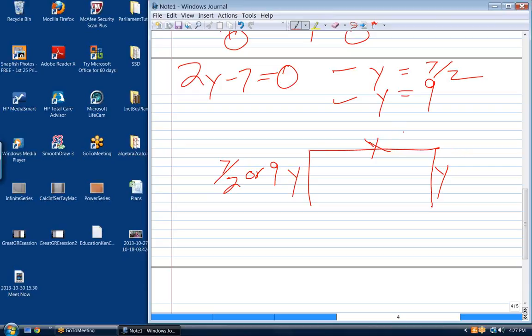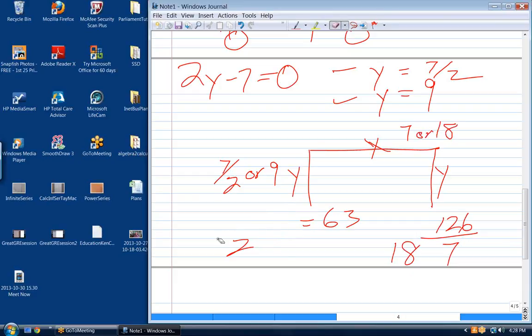So what are the two solutions for x? Remember, x times y had to equal 63. So you could have 7 and 9. But 7 halves times what would equal 63? It would be 126 divided by 7, which is 18.